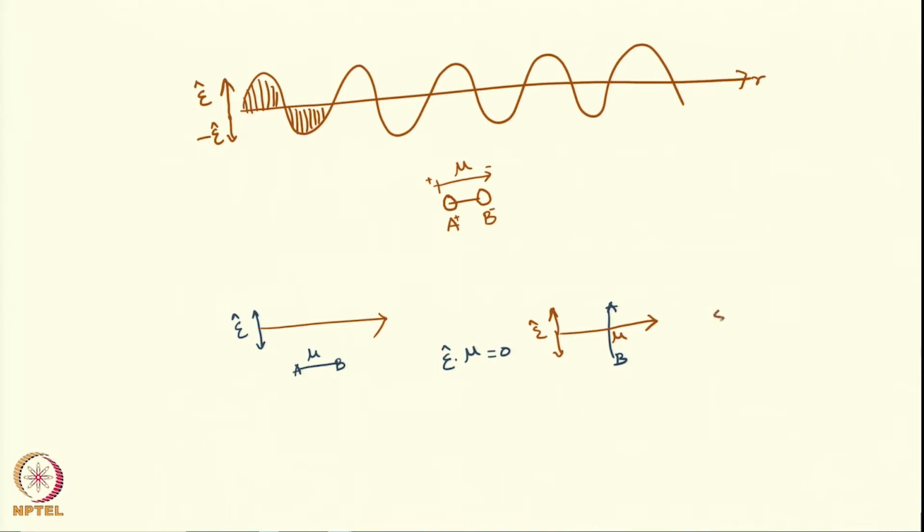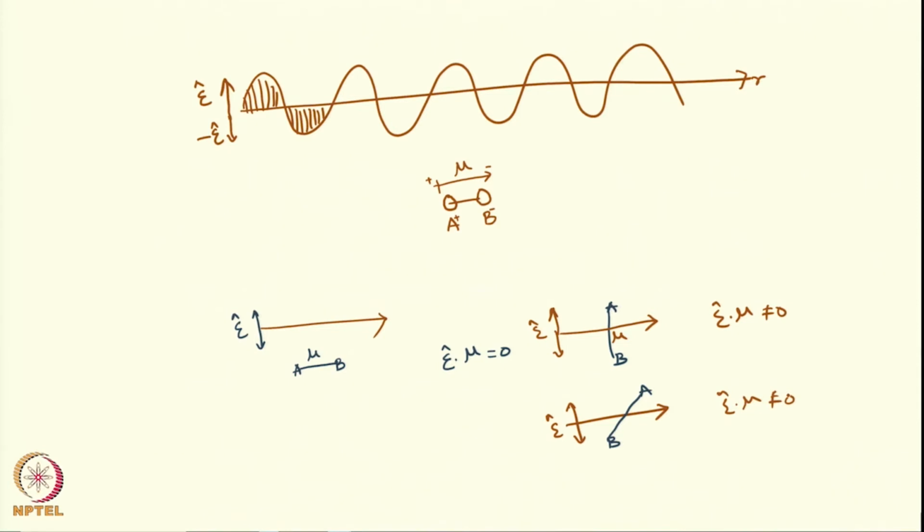So epsilon dot mu will not be equal to 0, or any direction that has a projection. That means this will have some projection onto epsilon, and even in that case epsilon dot mu will not be equal to 0.